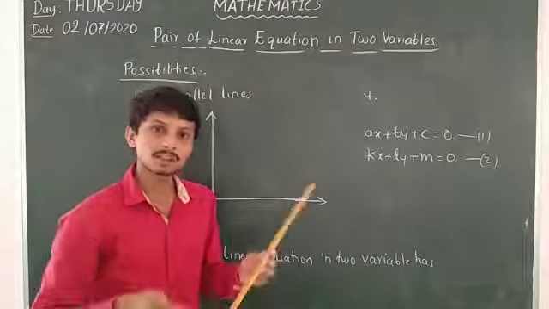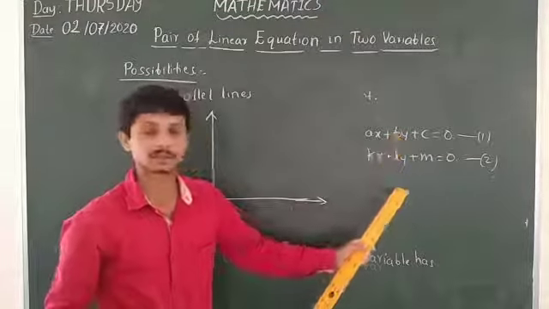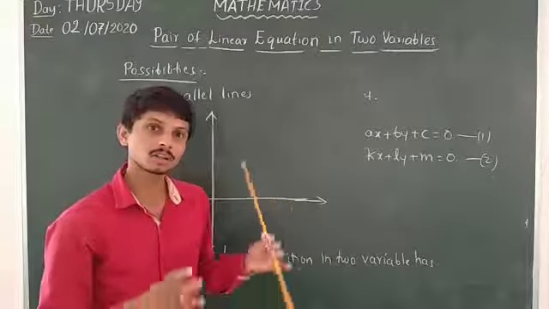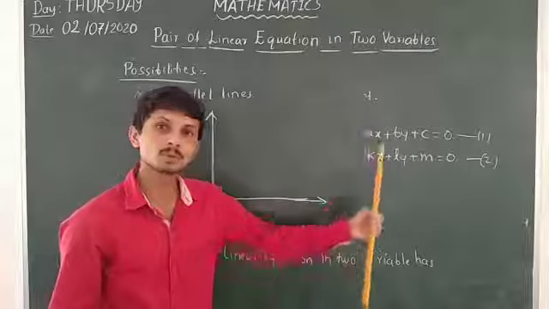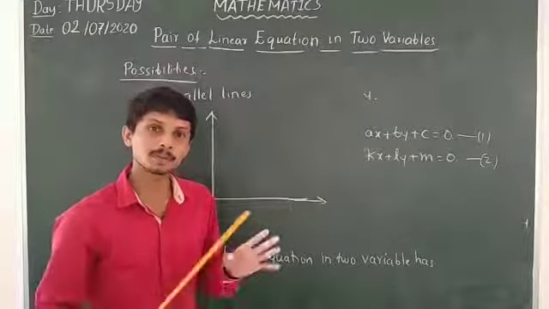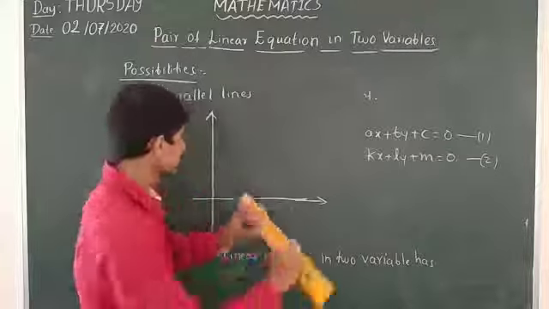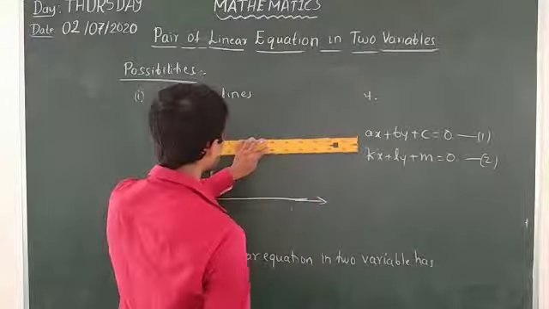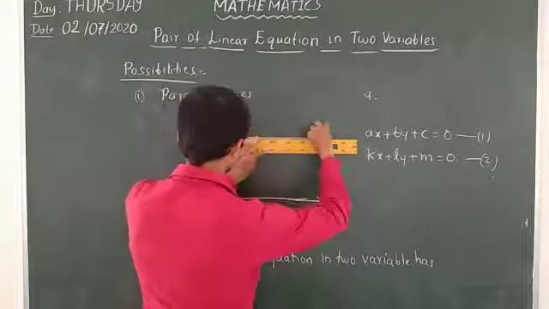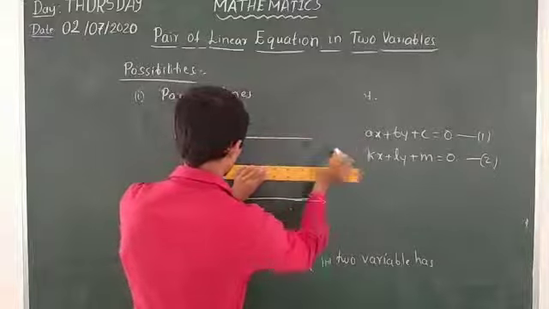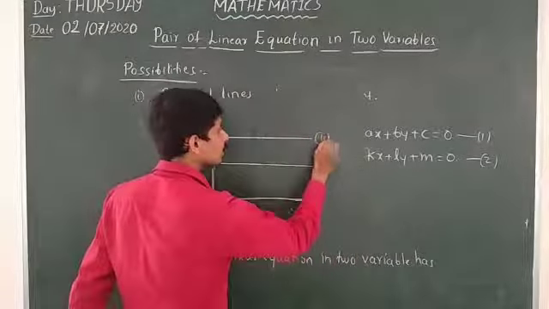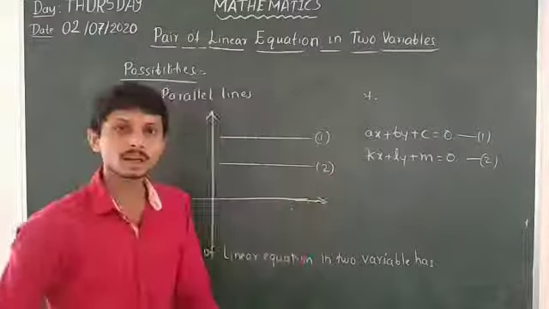After finding all the solutions of this equation and this equation, we have to draw the straight lines, the geometrical representation of the pair of linear equations in two variables. After we draw, the straight lines are like this. It is for equation 1 and it is for equation number 2.